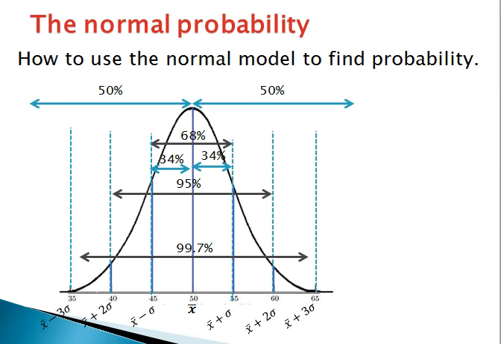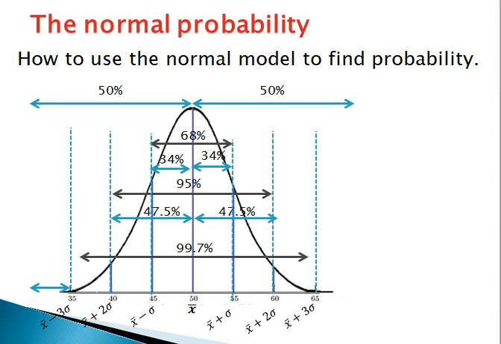So between the mean and the mean plus the standard deviation, it is 34%. All right. If we do the same thing for the 95%, all right, on each side of the mean up to 2 standard deviations below and 2 standard deviations above, you'll have 47.5, right? 95 divided by 2.